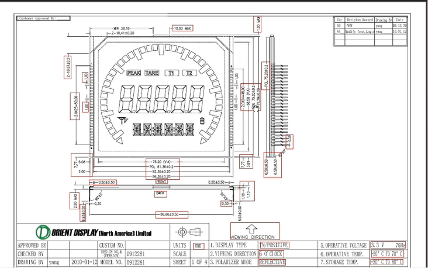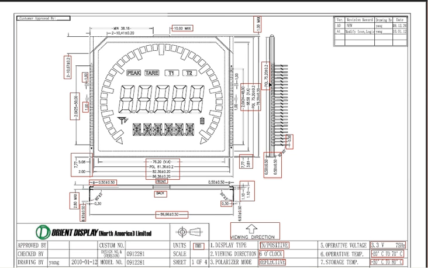We know the front and the rear each have a polarizer, two polarizers. So that is a dimension, and the last one is the outside dimension. It also has plus or minus 0.20 tolerance here, and here is also the polarizer height.